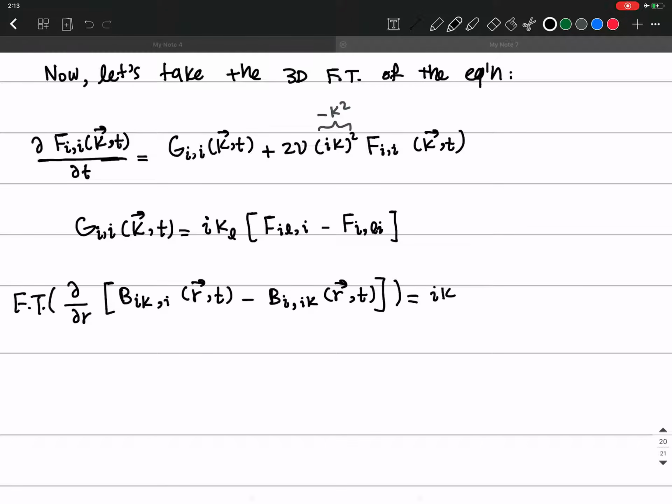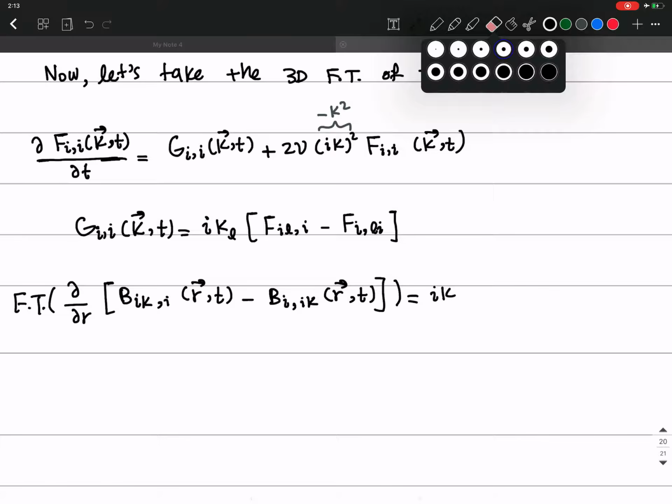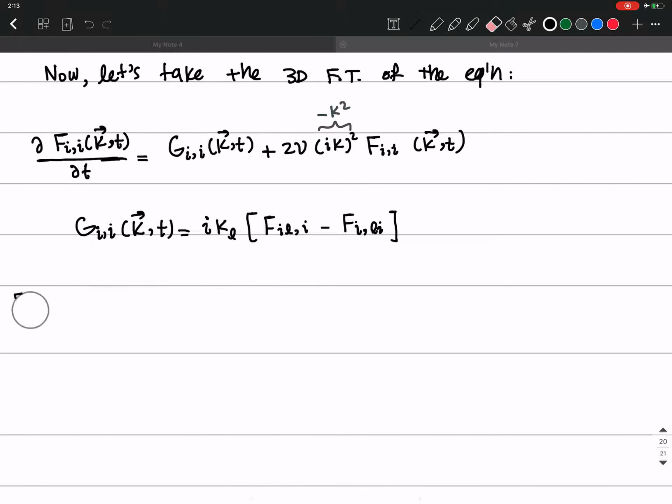Okay, so now this is going to much further simplify our equations.